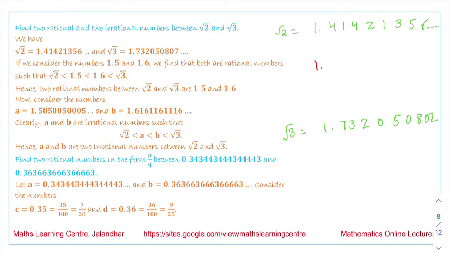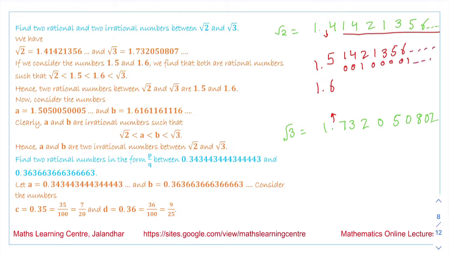Now we can write a number greater than this 4. We can write a number less than this 7. So suppose I am writing the number 5 over here, and I am writing the number 6. After this, whatever you want, you can write. Suppose I am writing the same number over here: 1, 4, 2, 1, 3, 5, 6. You can write 0, 0, 1, 0, 0, 0, 0, 1. Repetition should not be there.